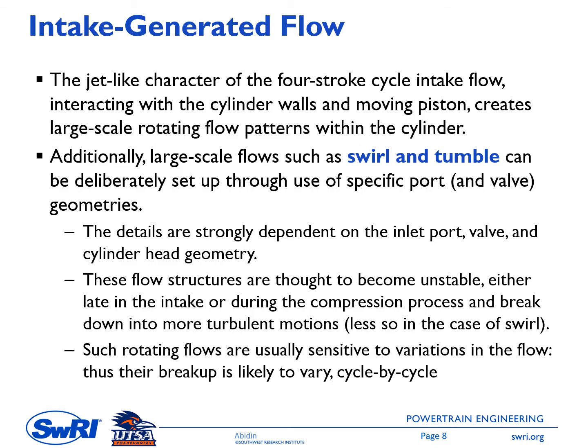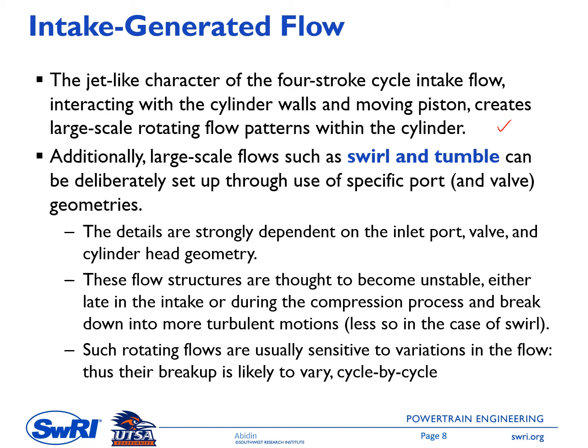As you have seen in the previous slide, the jet-like character of the four-stroke cycle flow interacting with the cylinder wall and moving piston creates a large-scale rotating flow pattern within the cylinder. So we have seen a localized rotating flow within the cylinder, and additionally large-scale flows such as swirl and tumble.